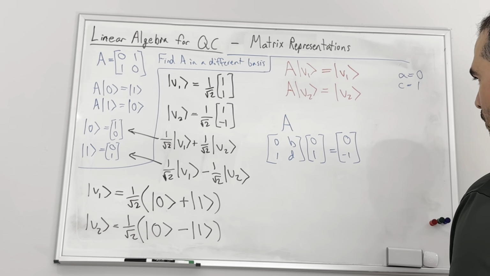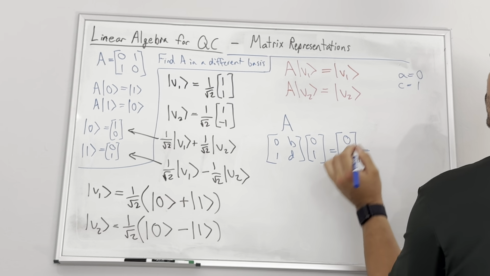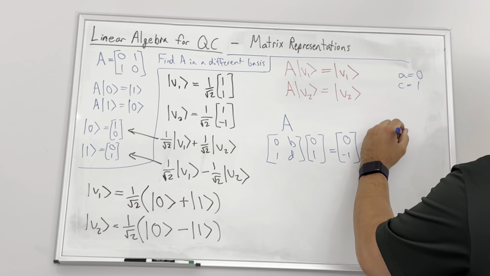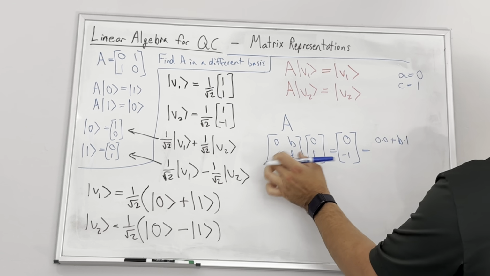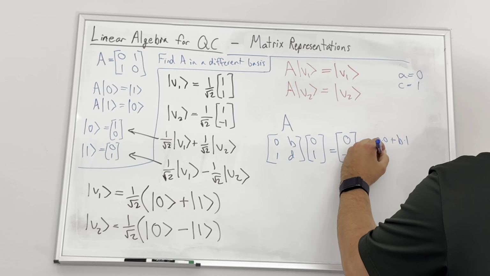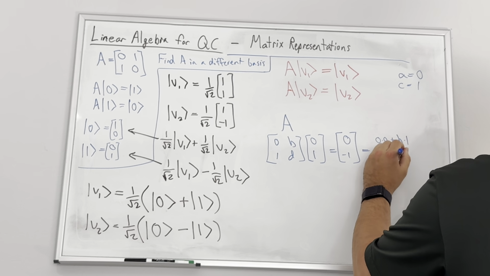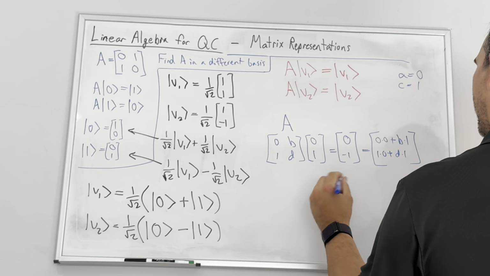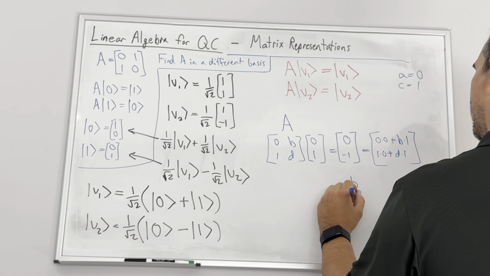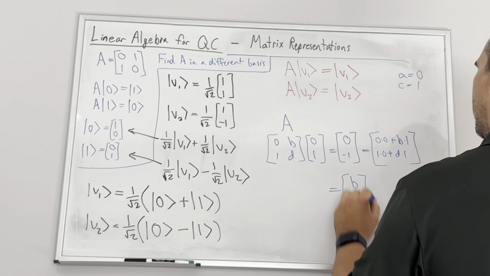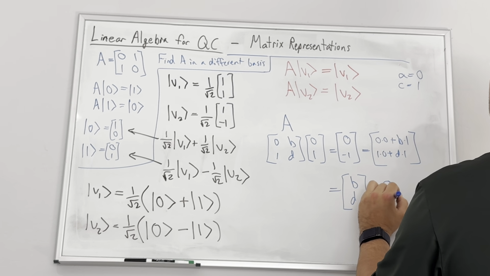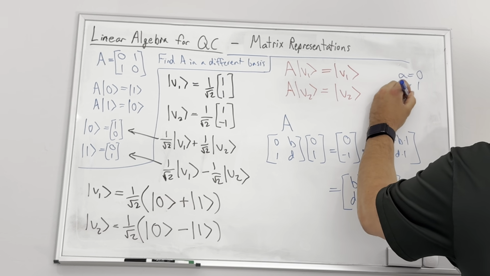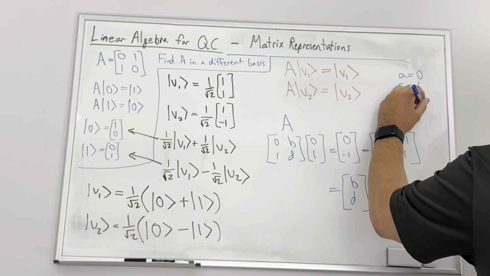And so we're going to get 0 times 0 plus b times 1. And then on the bottom, we're going to get 1 times 0 plus d times 1. So that gives us b and d equals 0, negative 1. So b equals 0 and d equals negative 1.